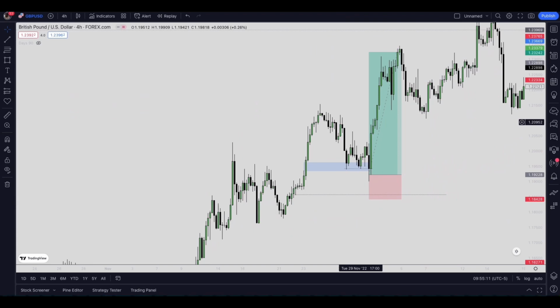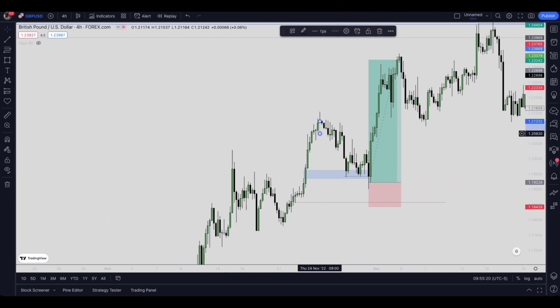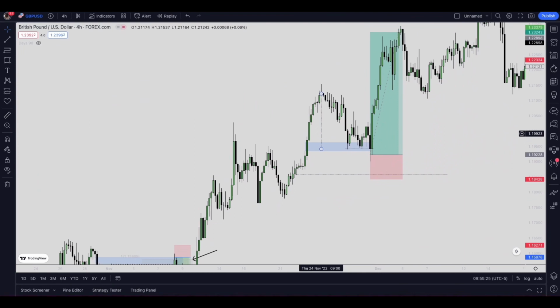Your take profit would be the symmetrical swing high of this range, which is just measuring the size of this retracement, rejecting it above, and that is your take profit.